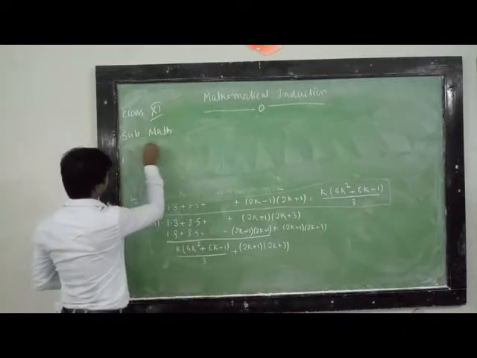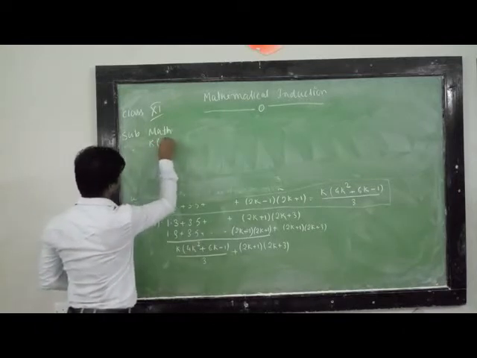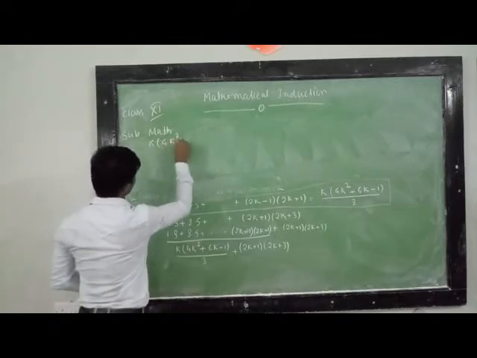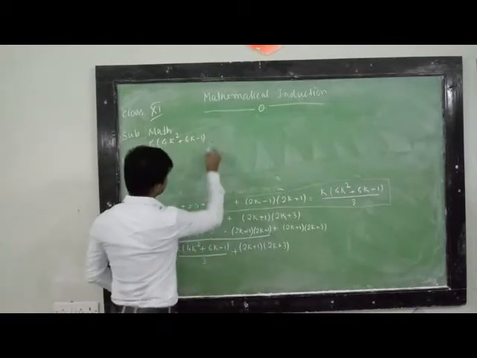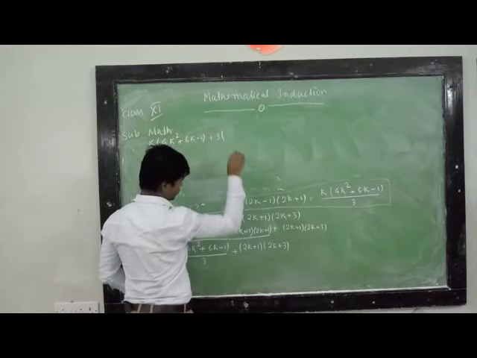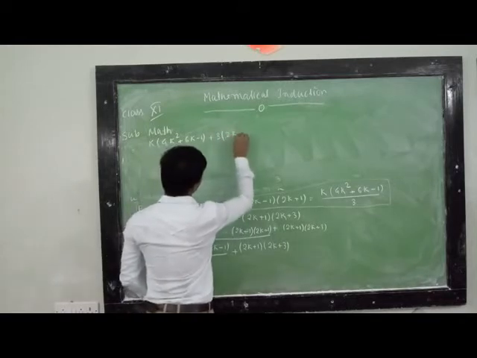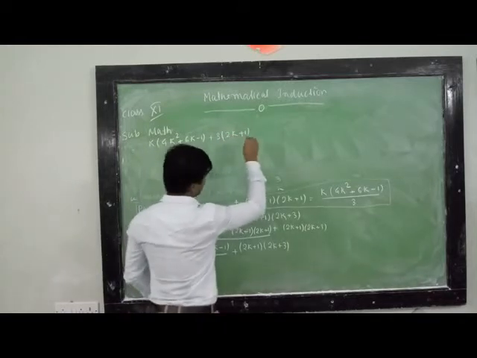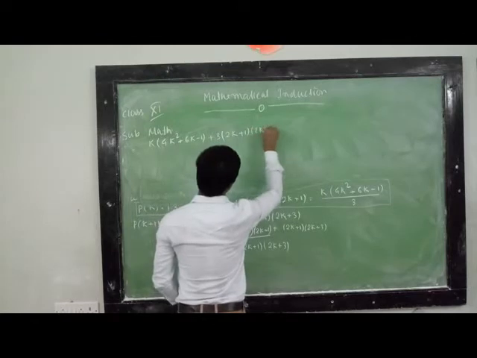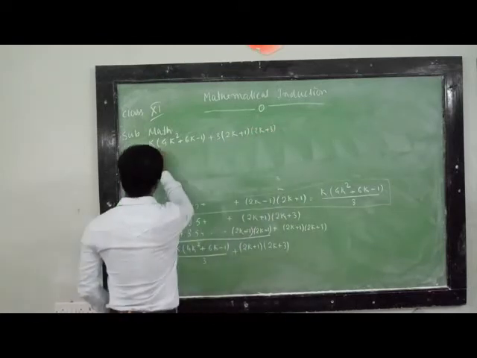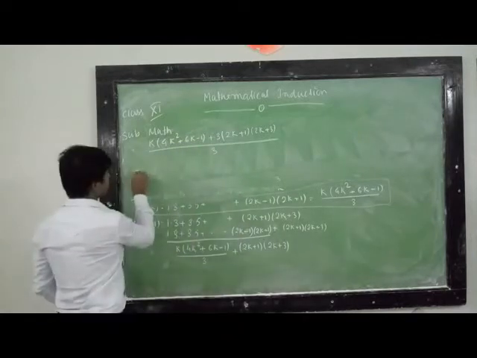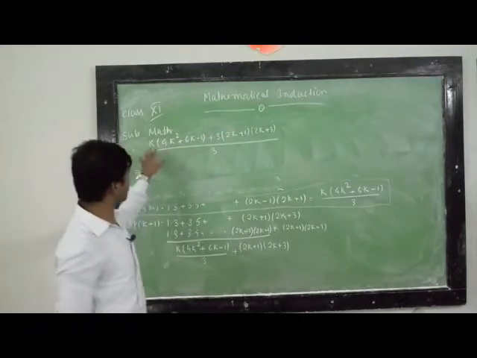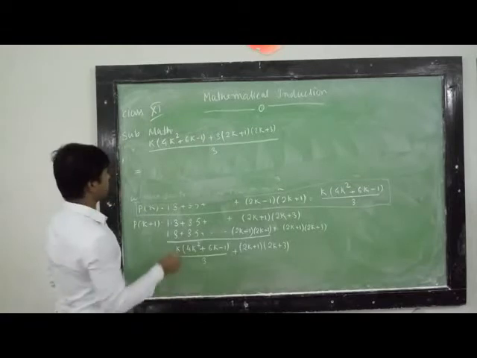It will be k into 4k square plus 6k minus 1 plus 3 into 2k plus 1 into 2k plus 3, by 3. Now multiply the whole thing.